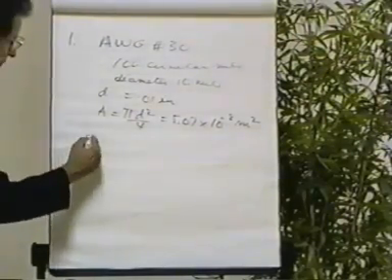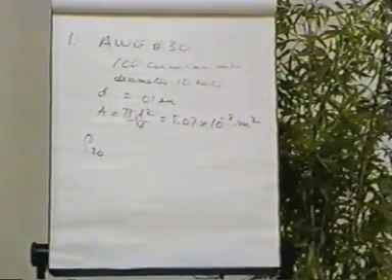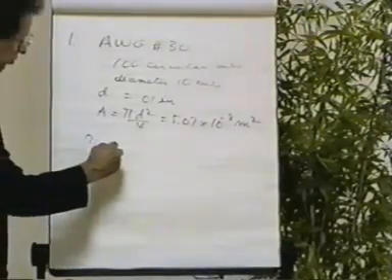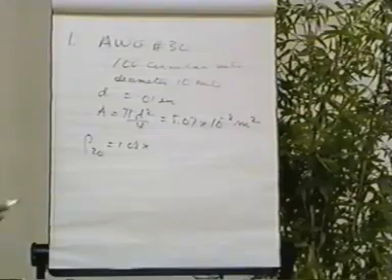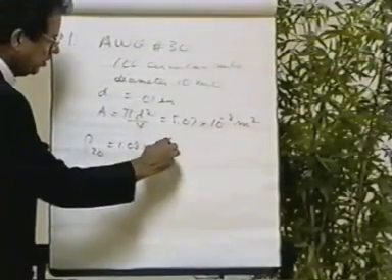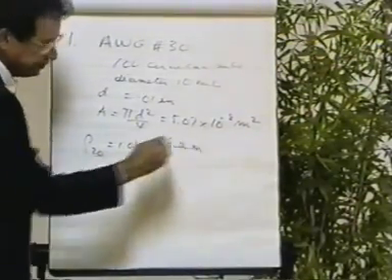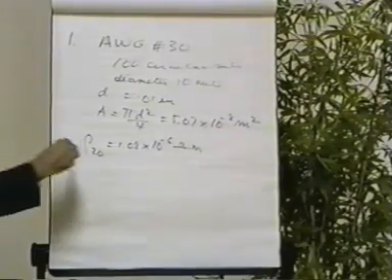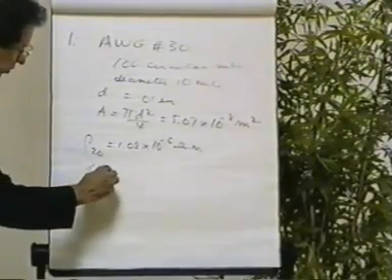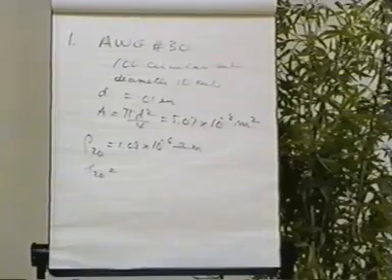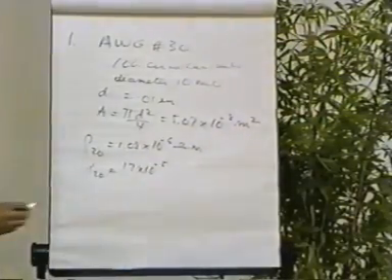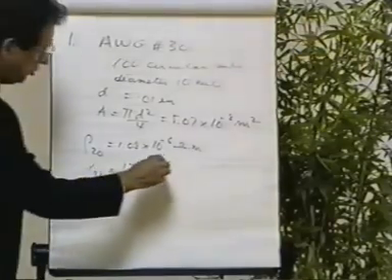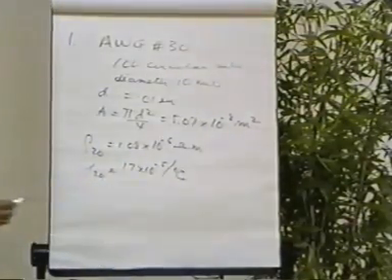The resistivity at 20 degrees for nichrome is 1.08 times 10 to the minus 6 ohm meters. The alpha, that's the temperature coefficient, is equal to 17 times 10 to the minus 5 per degree Celsius.